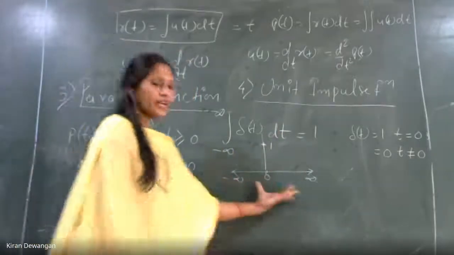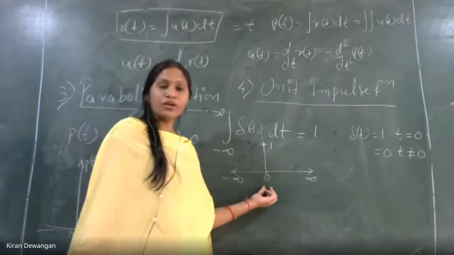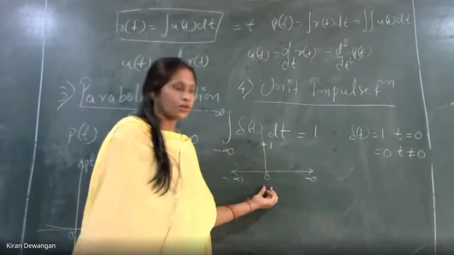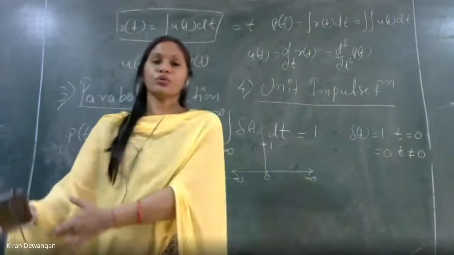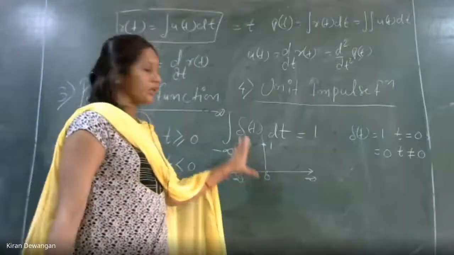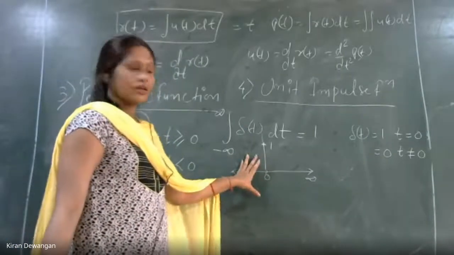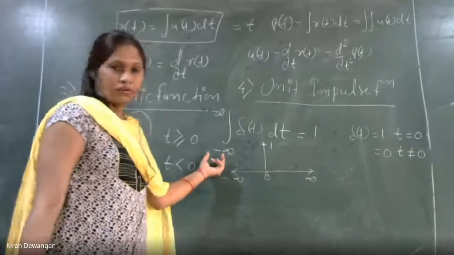So if we integrate it from minus infinity to infinity, we'll get the value only at t equals 0 and the value is 1. That is the unit impulse function and you need to understand this. This is the area under the curve. Integration means nothing but the area under the curve of the function.